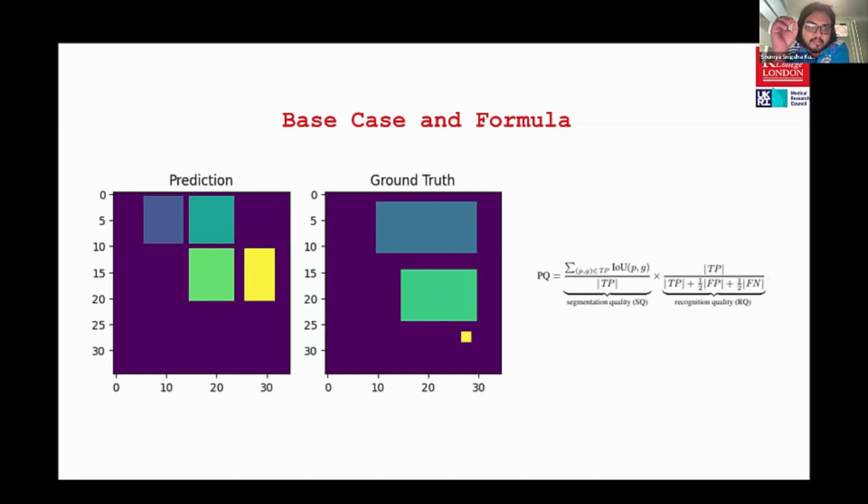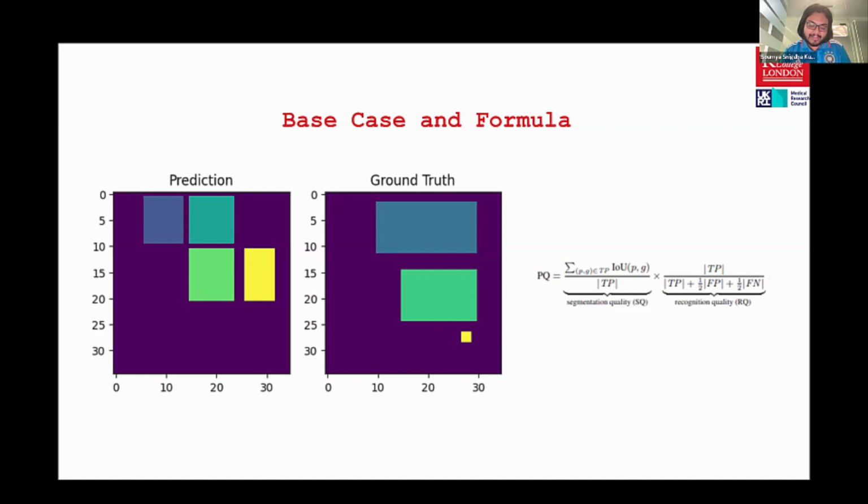Just keep in mind that in this formula the TP, the FP, and everything over here are over instances, not pixels. This is where I'm trying to differentiate between how semantic segmentation is formalized and how instance segmentation is formalized. Because in instance segmentation, you're worried about the group of classes or the group of instances, whereas in semantic segmentation, it's a lot more about the pixel level annotation.